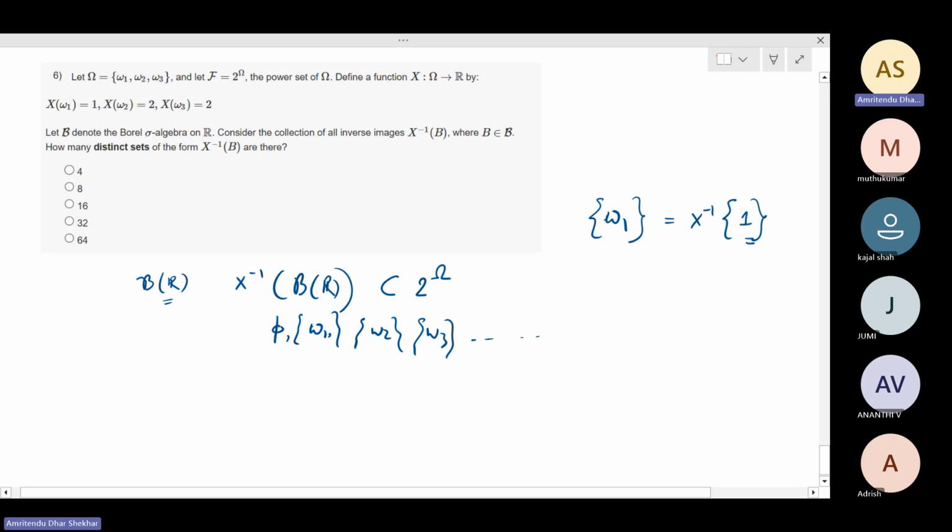Is 1 a Borel set? Good question, right? Is 1 a Borel set? Can you answer this question?